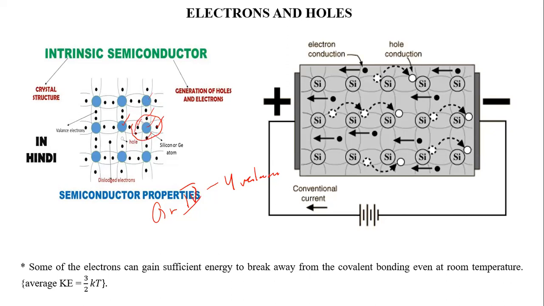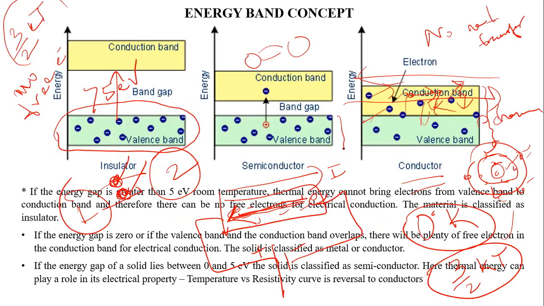All the 4 valence electrons will contribute to chemical bonding with the 4 neighboring atoms by covalent bonding. So the valence electrons participating in chemical bonding will lie in what is called the valence band. All of them will lie in the valence band.